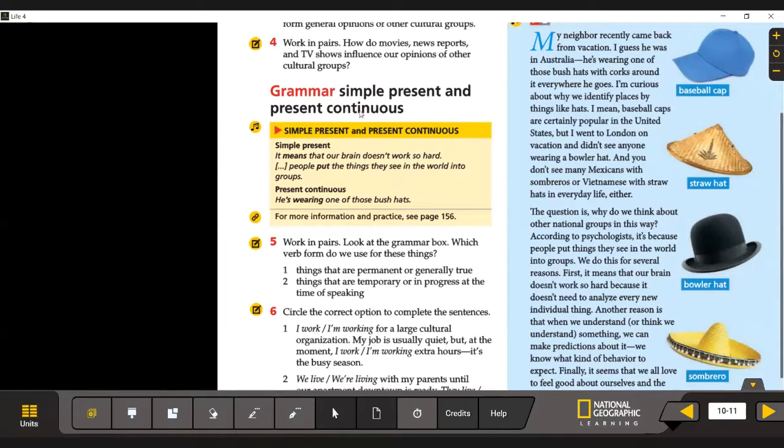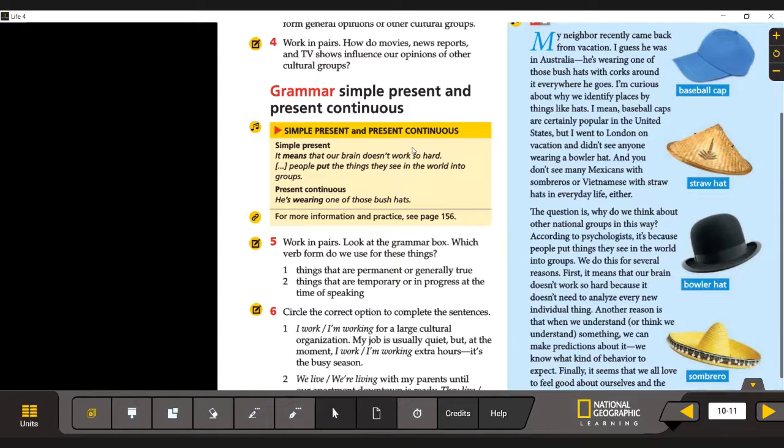Remember, between the simple present and the present continuous, one of these two tenses talks about general ideas, factual information, permanent situations, habits, and routines. Which one is it? The simple present. Right. Thank you, Alexis. Simple present.